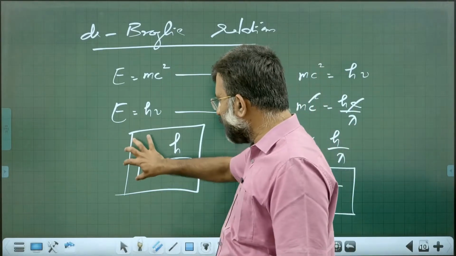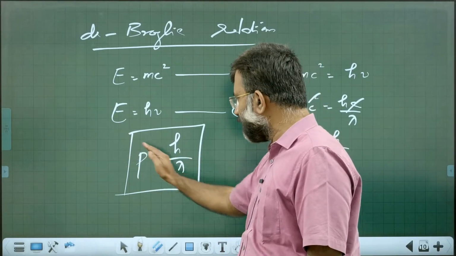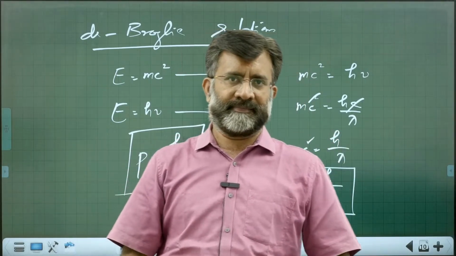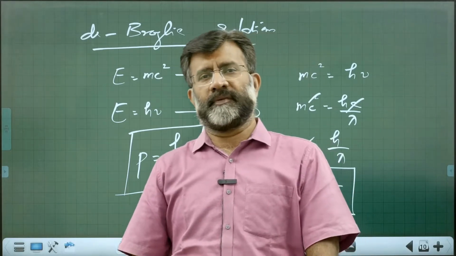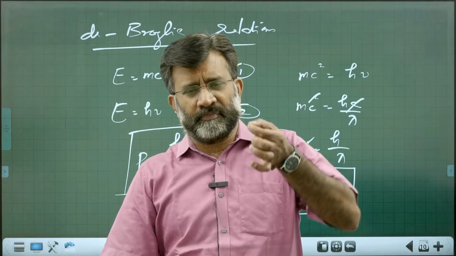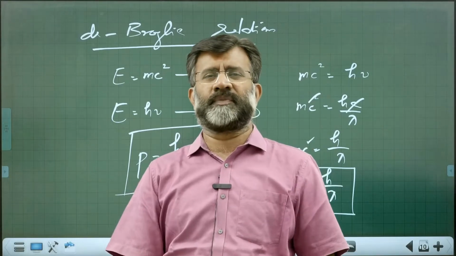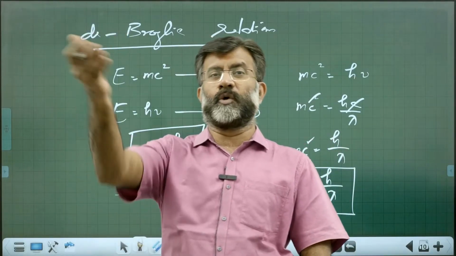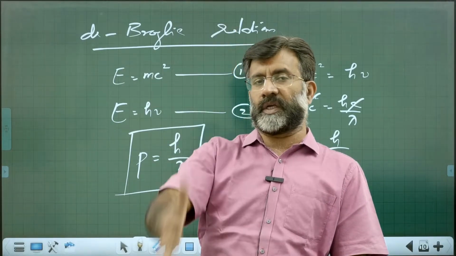This is explaining particle character, this is explaining wave character. He suggests the particle character and wave character are inversely related. For a particle of significant mass, the wave character is insignificant. For a particle of minute mass like the electron, whose mass is negligible, 9.1 into 10 power minus 31 kilogram, the wave character is highly significant.